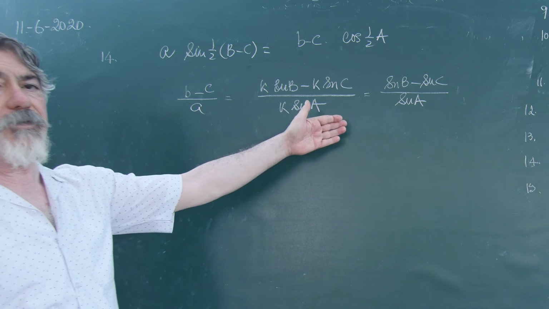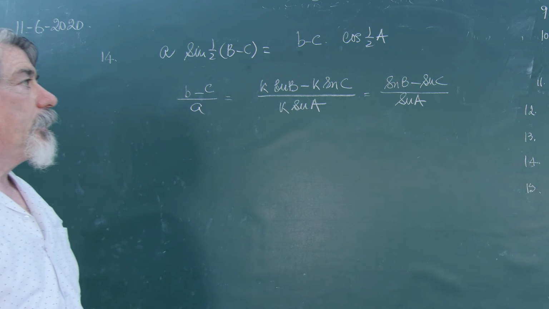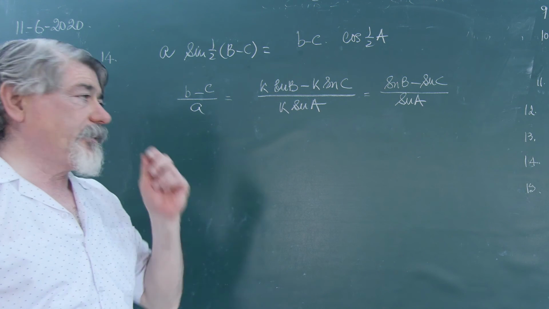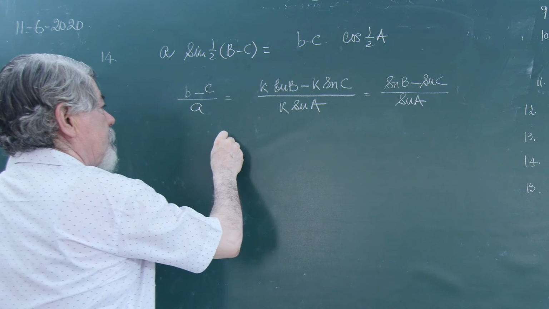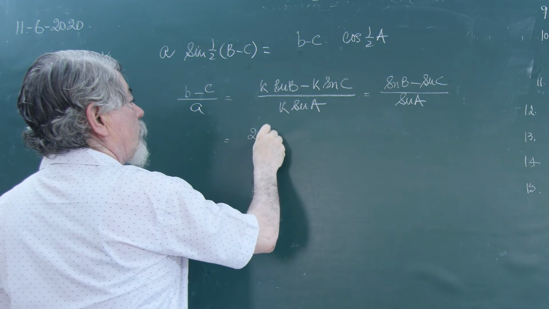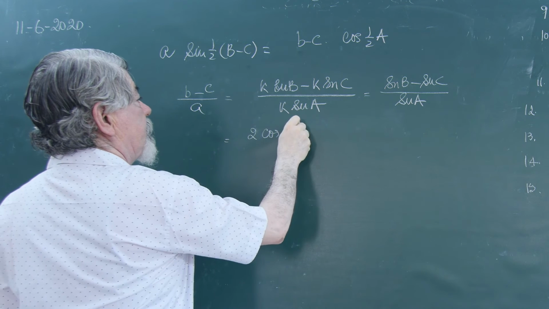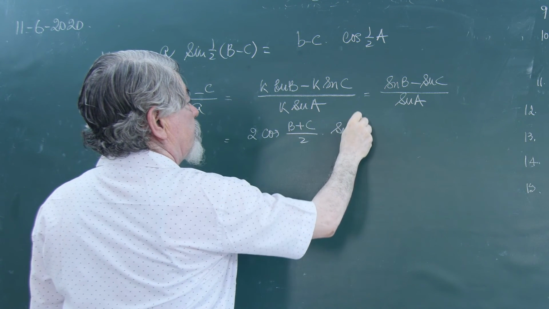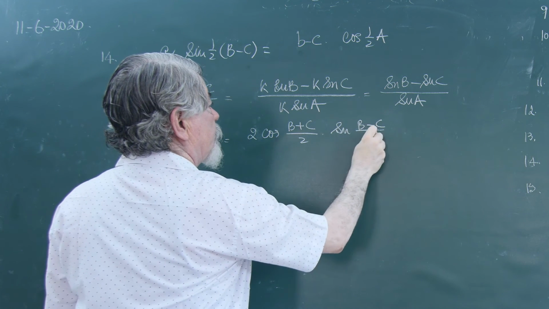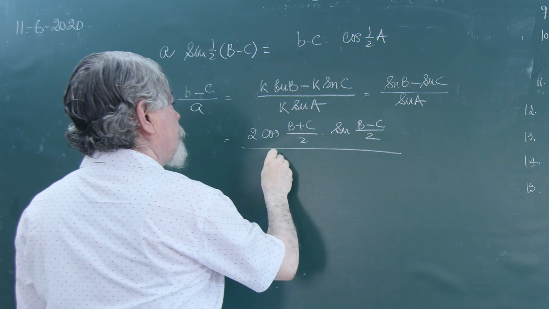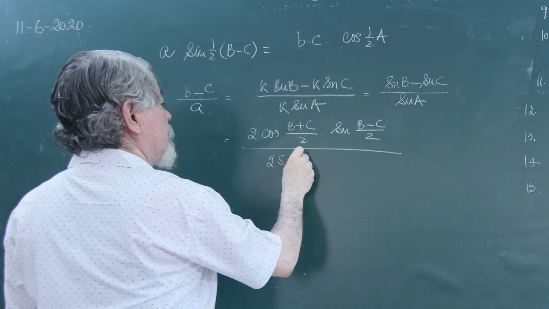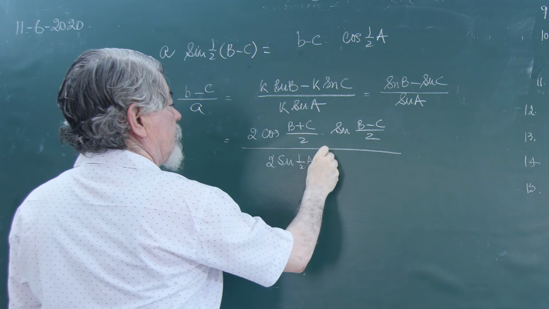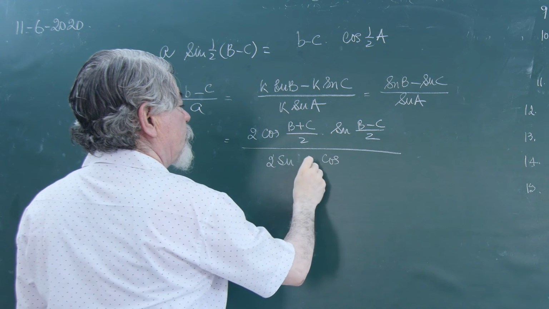And we get sine c minus sine d again. So 2 cos (b plus c) upon 2 sine (b minus c) upon 2 upon 2 sine a by 2 cos a by 2.